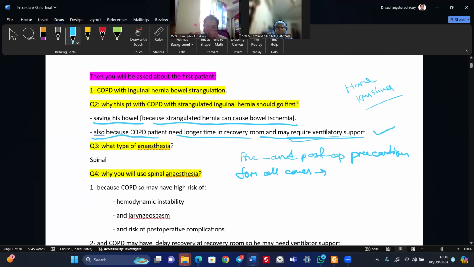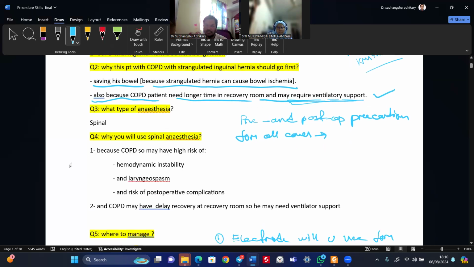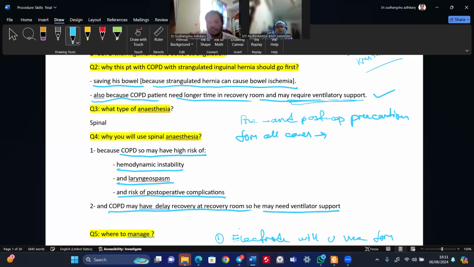What type of anesthesia will you give? Spinal anesthesia. Okay. Why will you use spinal anesthesia? Because COPD patients may have high risk of hemodynamic instability, laryngospasm and risk of postoperative complication. COPD patients may also have delayed recovery in the recovery room, so may need ventilator support.